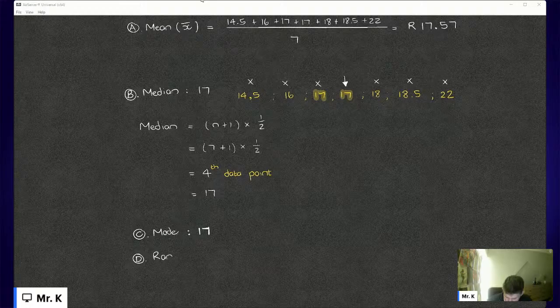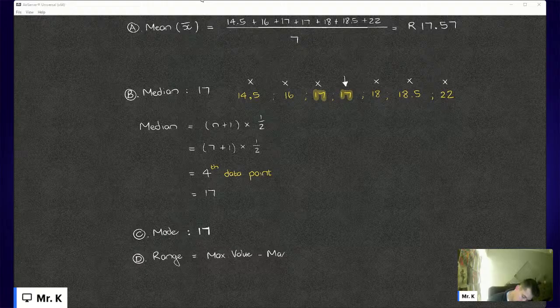And finally, if we are trying to calculate the range of a data set, we want to take the maximum value minus the minimum value. And guys, this is exactly why ordering your data in ascending order right in the beginning helps so much. So looking at our data set again that we see over here, the biggest or most expensive can cost us 22 Rand and the cheapest can was 14 Rand 50 cents.